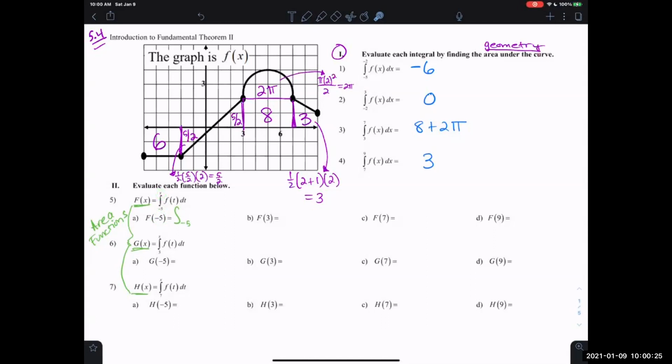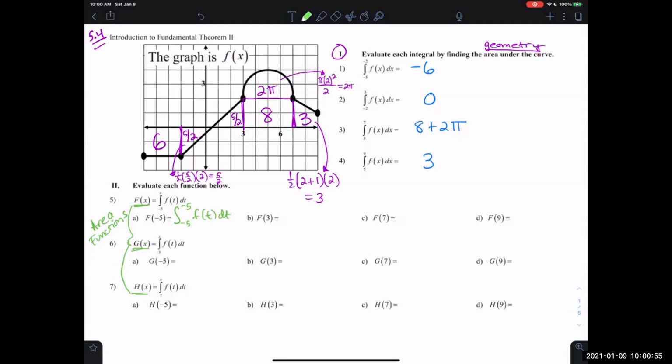We're evaluating the antiderivative at -5, which means for the upper bound, we're putting in -5. f of t dt. T, remember, we've talked about this before, is representative of a dummy variable. Not everything can be the x, because then we would start to not make sense within the notation itself; we have to have some other variable representing what we're plugging in.